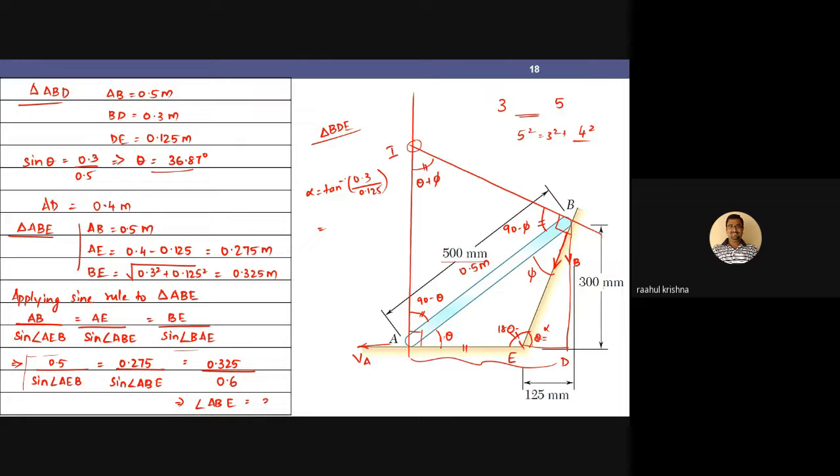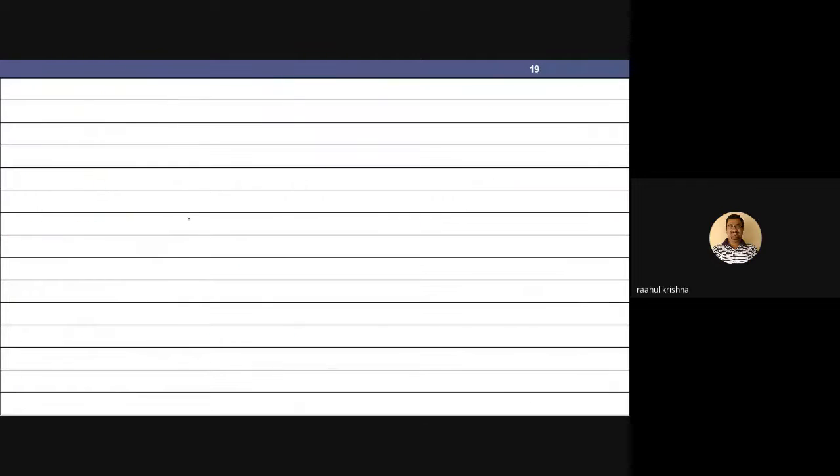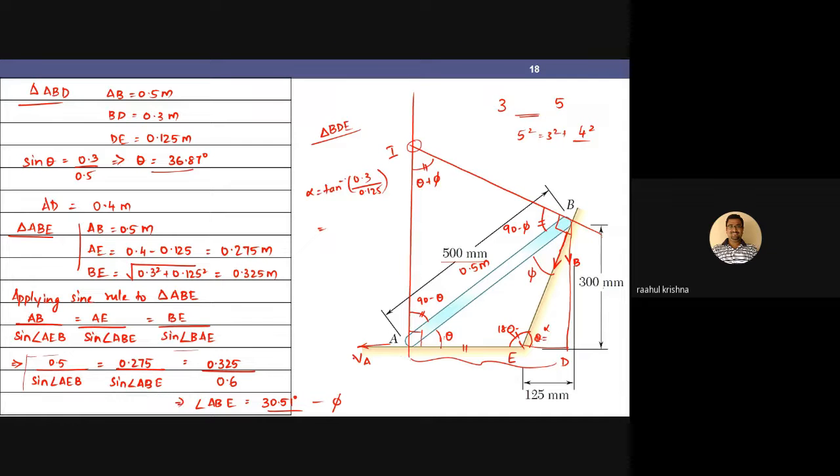So angle ABE, I am getting it as 30.51 degrees. Yes sir. So what does angle ABE mean? It is phi. Yes sir. So now in triangle IAB, I have got these angles. Next I can go to my real case.